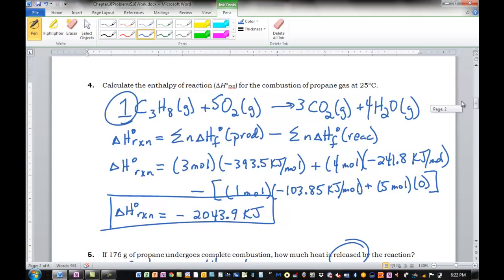Make sure you can calculate delta H of a reaction from delta H of formation. Watch that negative sign. You are subtracting off the reactants, so you might be subtracting a negative number. Watch for elements in their standard state. Those will be 0 for delta H of formation. I think that's most of what's on the quiz.